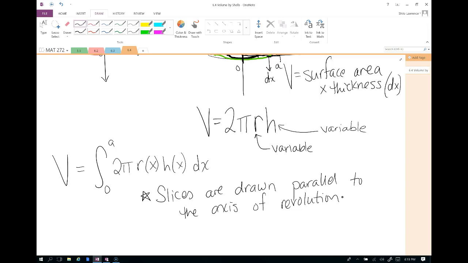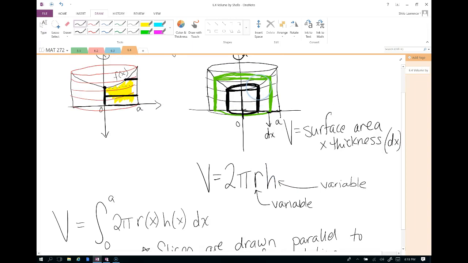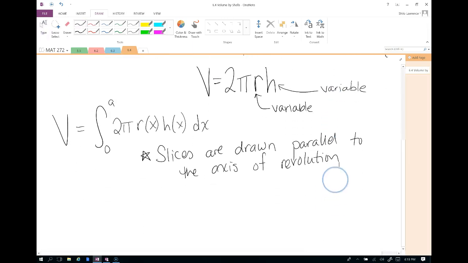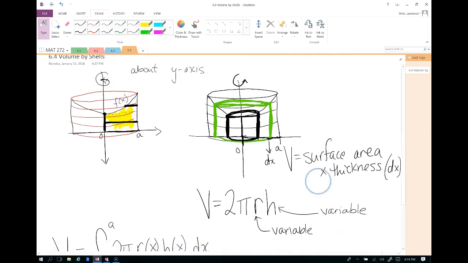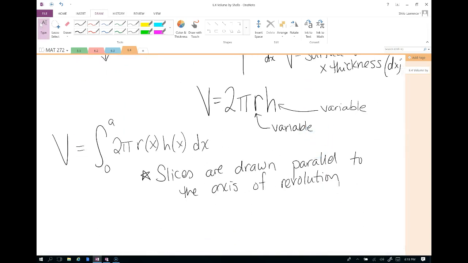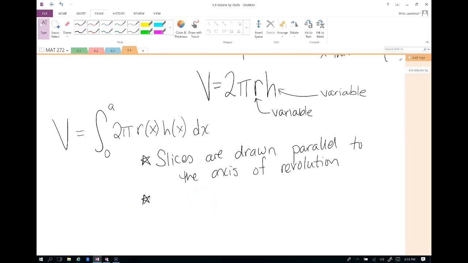Now, if we take them parallel and we spin them around, they actually turn into these cylinders, these empty cylinders with a tiny little bit of thickness. So our slices, when we use the shell method, are drawn parallel to the axis of revolution, and also our integral is set up with the variable opposite our axis of revolution.